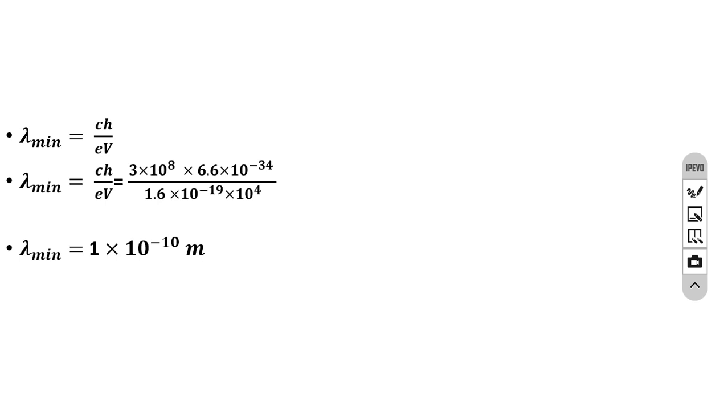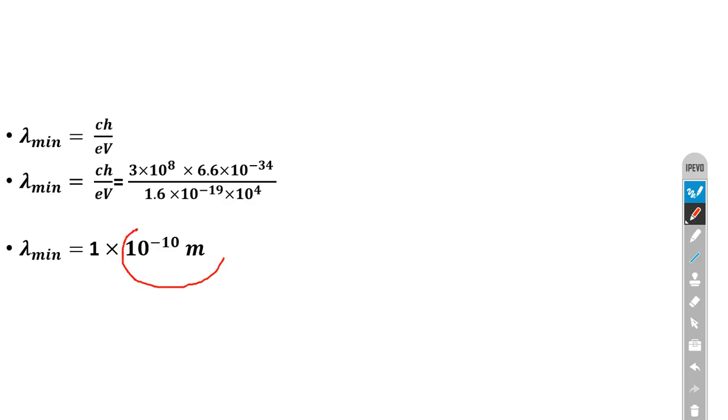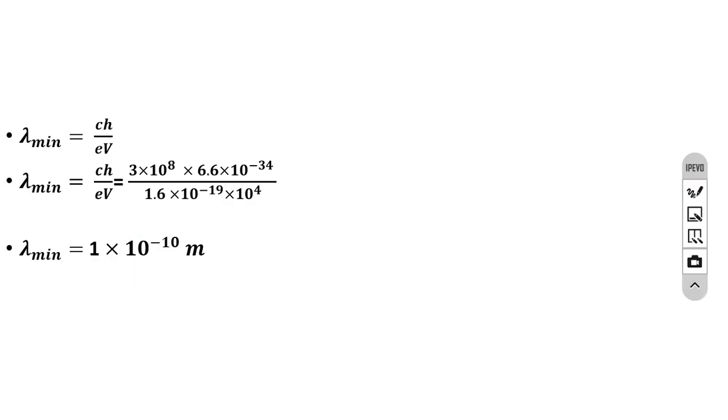Now, in an exam condition, if you don't see this value, it doesn't mean you are wrong. Look at this, 10 to the power minus 10 meter is the same thing as 1 angstrom. So instead of writing 10 to the power minus 10, if you see something like this, it's still correct. So the first option is the correct option.